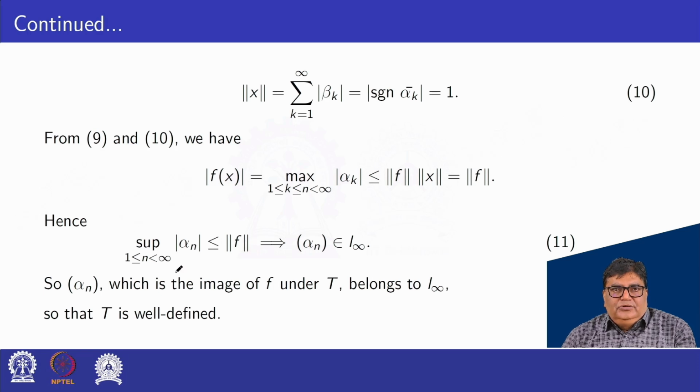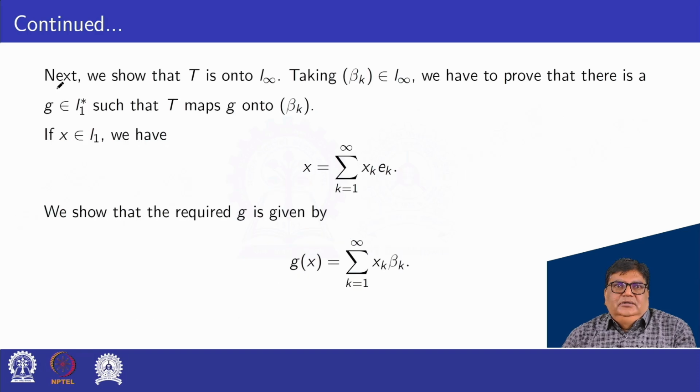So this is bounded by norm f. This implies that alpha n is the element of L infinity. Alpha n, which is the image of f under T, belongs to L infinity. So T is well defined.